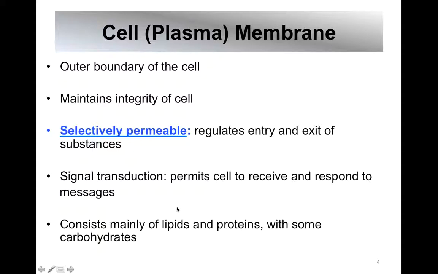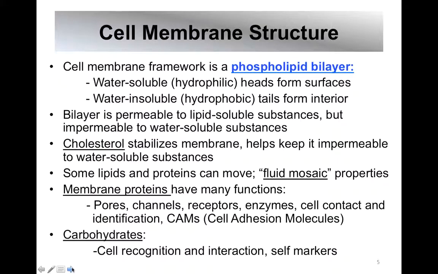Plasma membrane is mainly made up of lipids. So remember from the last unit, those phospholipids and proteins, transmembrane proteins, and there are some carbohydrates on there. Okay. Plasma membrane is a phospholipid bilayer. And we looked at these phospholipids in the last unit. The phospholipid had a polar, hydrophilic head, and those nonpolar tails.